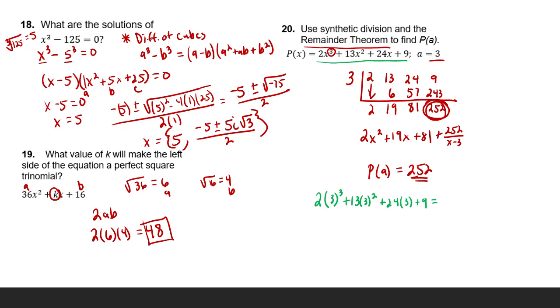If I plug that into the calculator just like that, I also get the 252. And again, that's what they're going to want you to type in as your answer for that one. Of course, you're going to have a different equation, so you're going to have a different remainder, but you can just substitute that number into the equation and see that will be the remainder. It's the same thing as if you do the synthetic division.